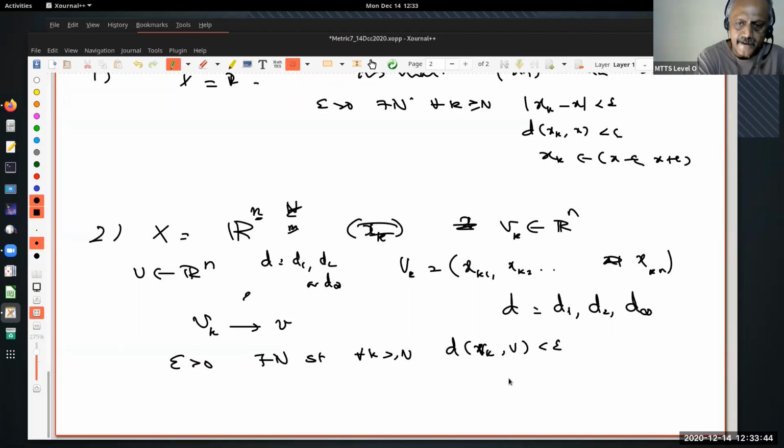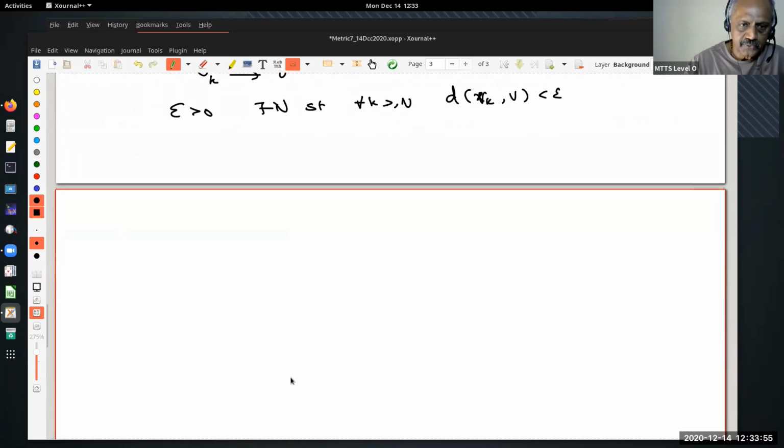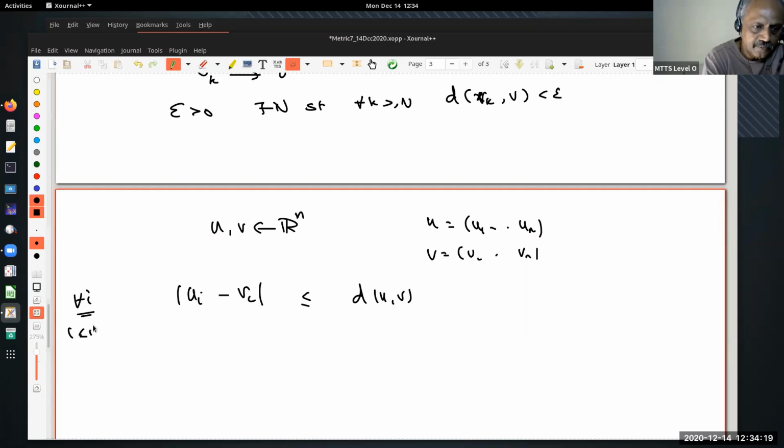You understand? Yeah. The very first observation I want to make is the following. Very general. We had already made it somewhere, but it's worth repeating. Suppose u and v are vectors in Rn, and let u equal u1 to un and v equal v1 to vn. Then you see that the absolute value of ui minus vi is less than or equal to the distance between u and v. This is true for every i between 1 and n. Why?